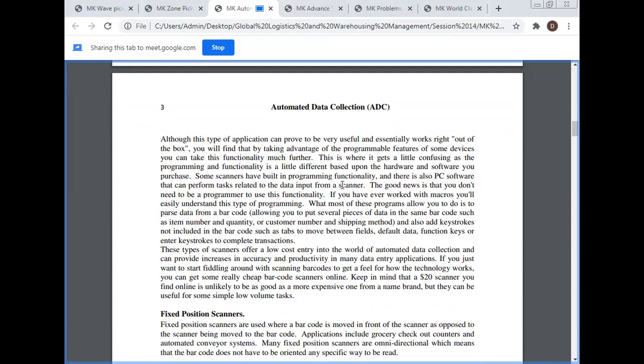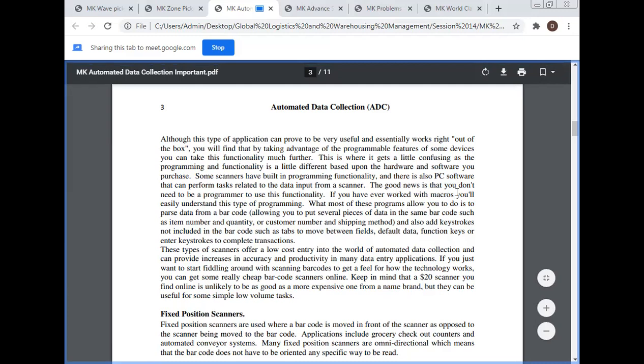Some scanners have built-in programming functionality, and there is also PC software that can perform tasks related to the data from a scanner. The good news is that you don't need to be a programmer to use this functionality. If you have ever worked with macros, you will easily understand this type of programming.